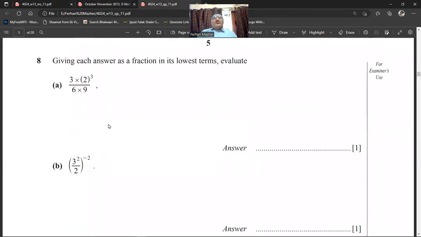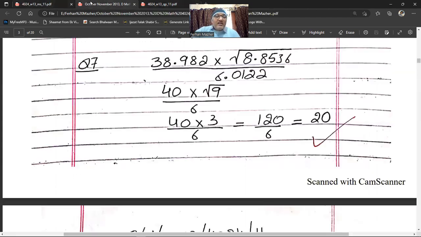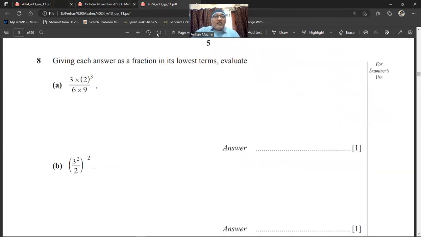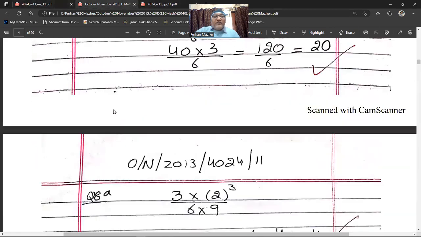Question number 8. Giving each answer as a fraction in its lowest terms, evaluate 3 multiplied 2 raised to power 3 divided by 6 multiplied 9. It's a very simple, straightforward question.